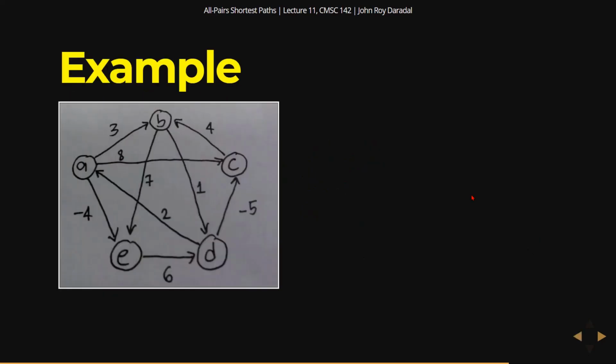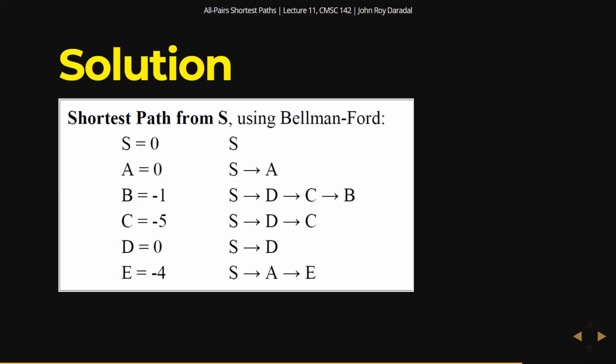So, for the example, I also showed this in the separate demo video. So please watch that again for the details of how this graph was solved using Johnson's algorithm, the APSP problem. Okay, so I'll just show you the results. If you get the shortest path from S, the newly added vertex S, using Bellman-Ford, these would be the shortest path lengths, so these would be the scores.